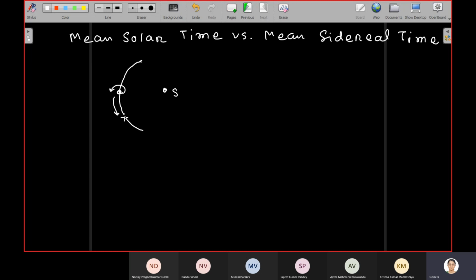So let's say after one complete rotation about its spin axis, the Earth is here in the orbit around the sun. Okay? So this was the old position before rotation. And this is after rotation. So after one full rotation, the same observer is here now.